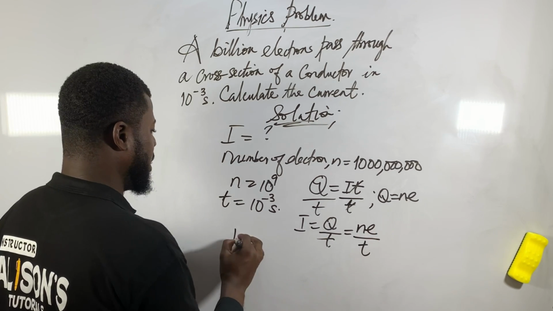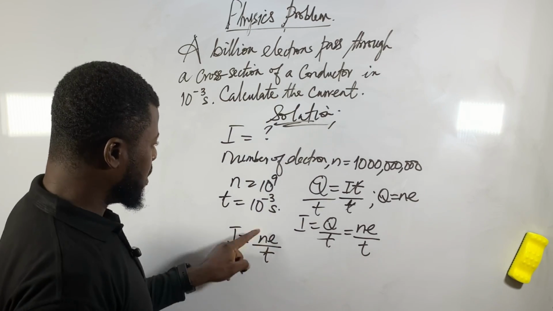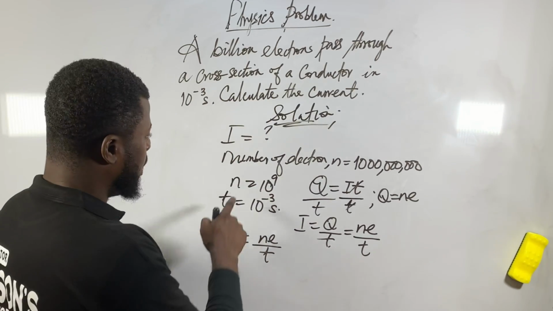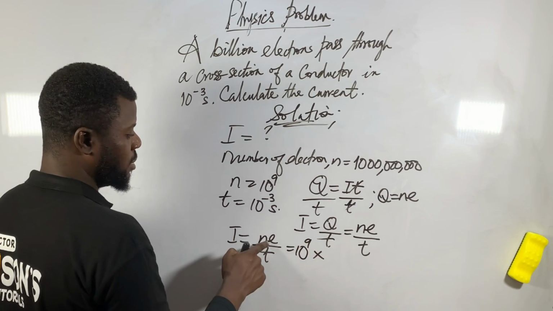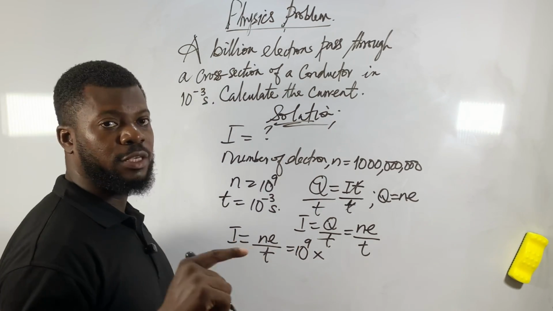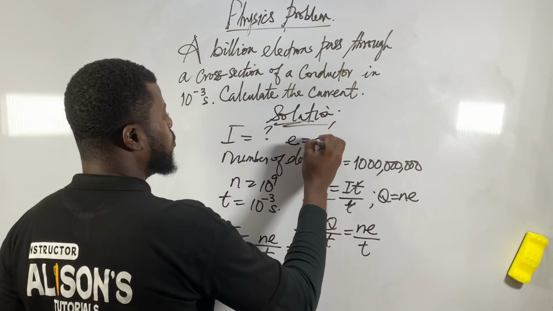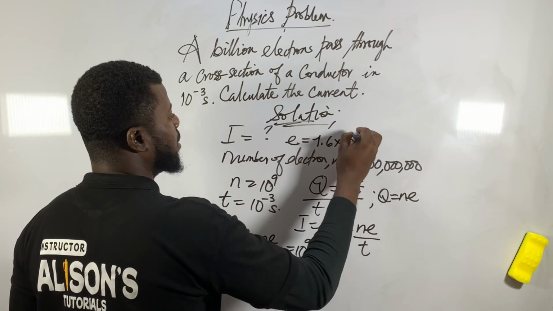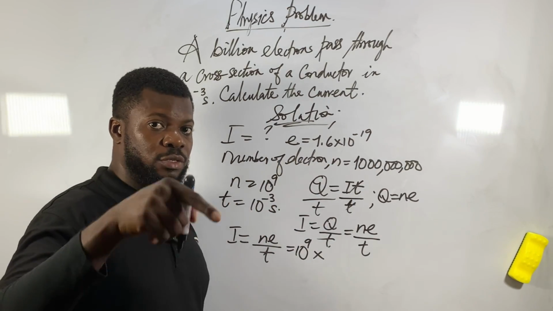So I is equal to nE over T. Now all these parameters: n is 10 to the power of 9, times e. e is the charge of the electron, which has the value 1.6 times 10 to the power of -19. Write that down in your book, the charge of an electron.